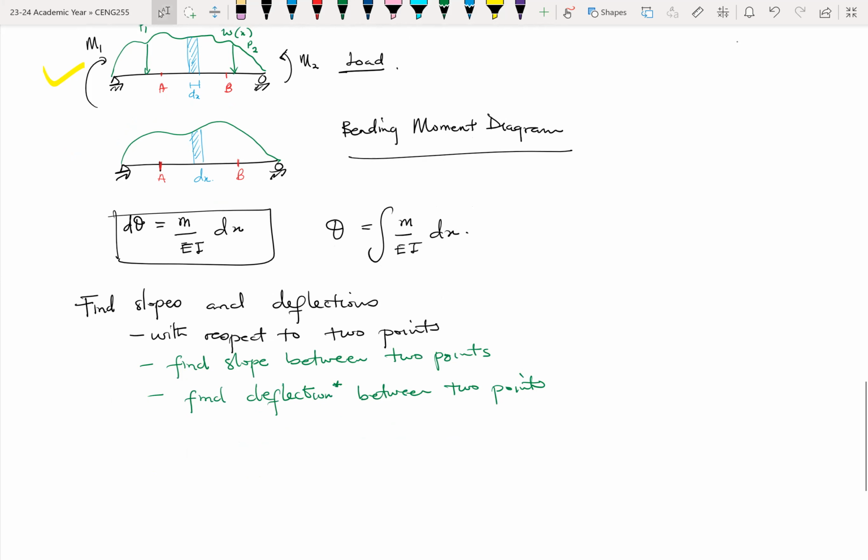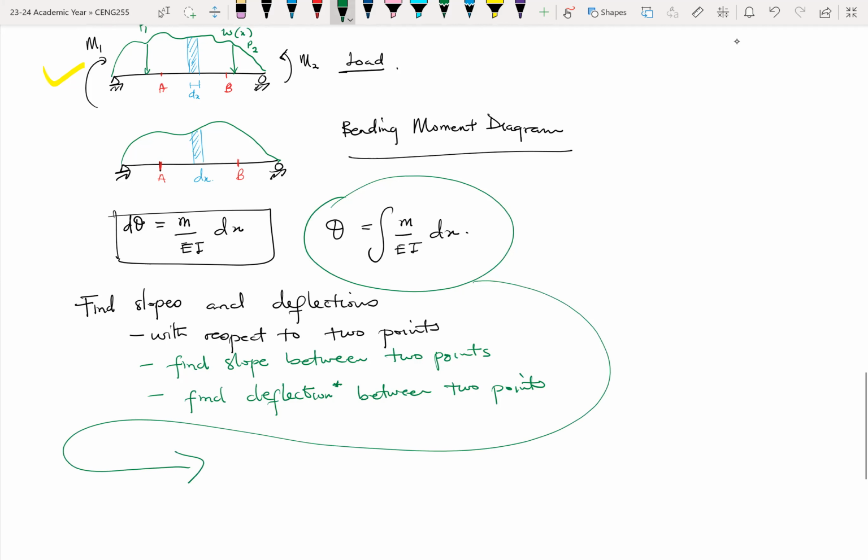So for example, if I want to know the slope between point A and B, my slope equation can then be rewritten in this form. Let me use red. So theta BA, the slope between B and A, will be equal to, now we have the limits, A and B, of M over EI dx.